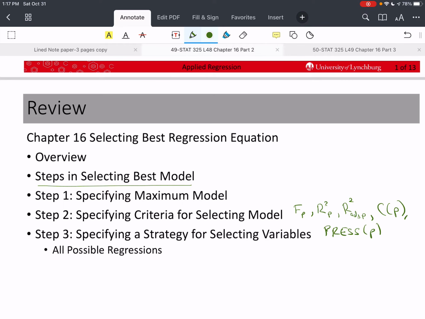Okay, so then we looked at the strategy for selecting variables, and we went over the different types, and then we actually looked at the recommendation to do all possible regressions.